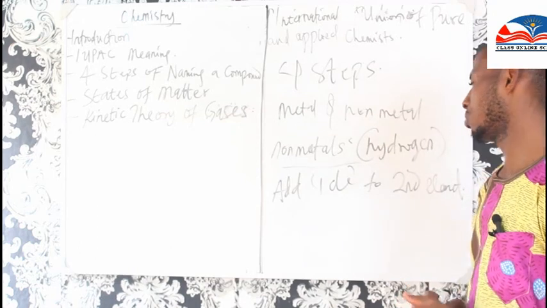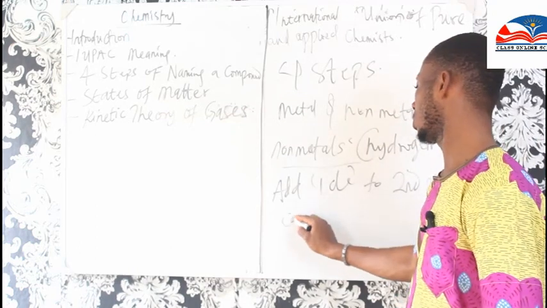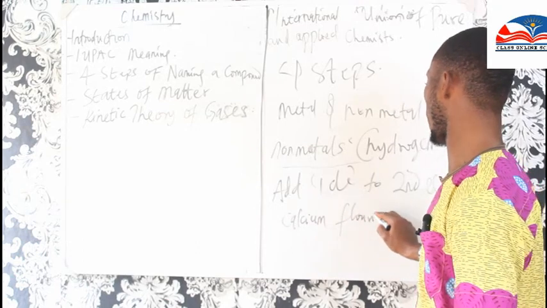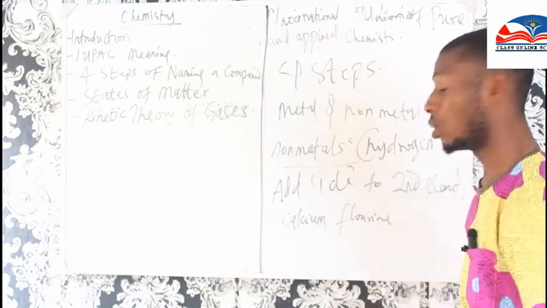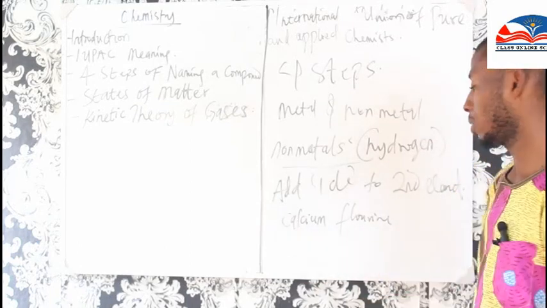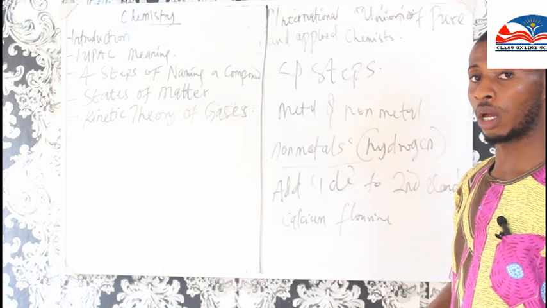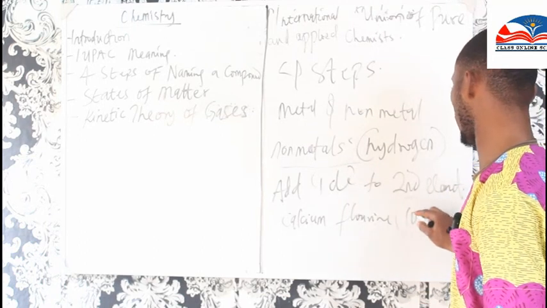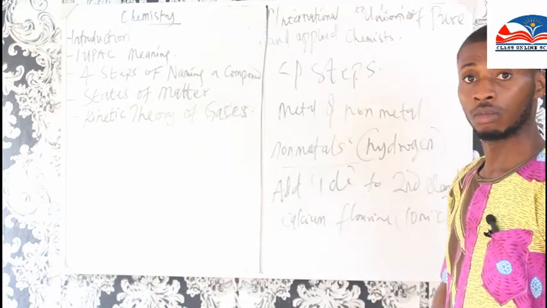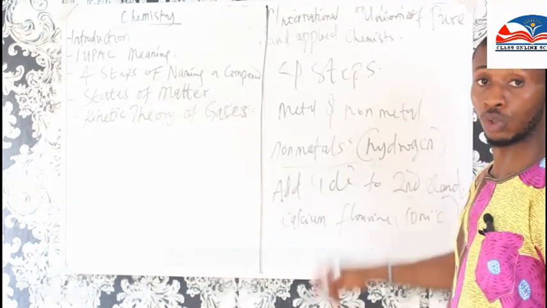Now we have calcium and fluorine. Are you following? Calcium is a metal, fluorine is a non-metal. Now it is ionic.